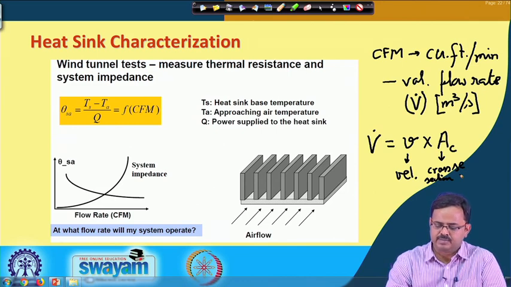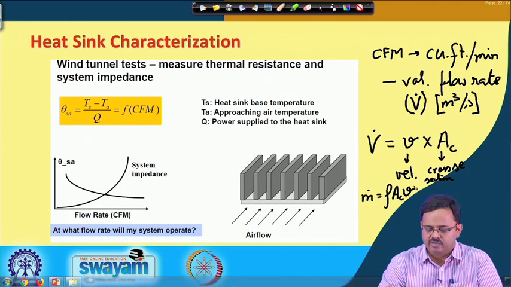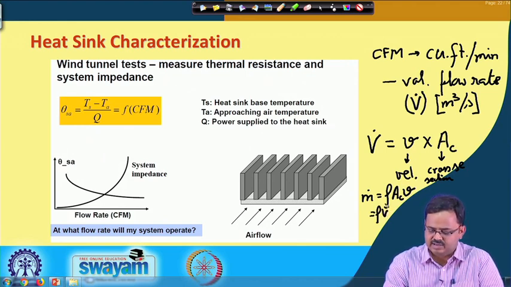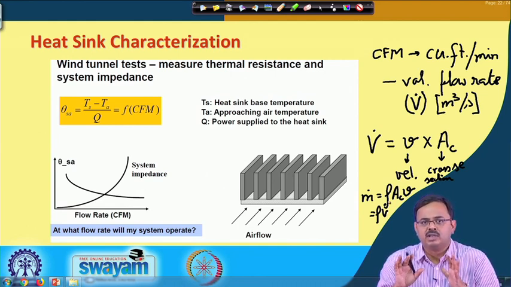Similarly, sometimes we write mass flow rate, and that is actually rho times V dot, which is volume flow rate times the density. I am sorry, this is a little cluttered, but I hope you understand what I mean.